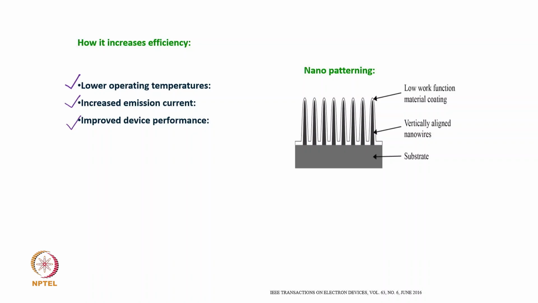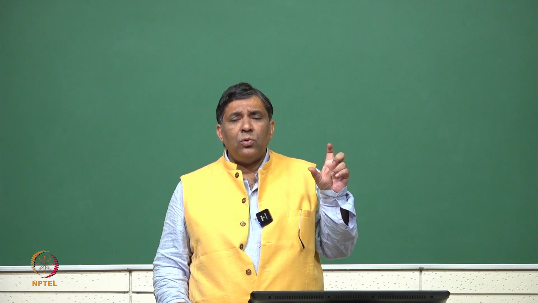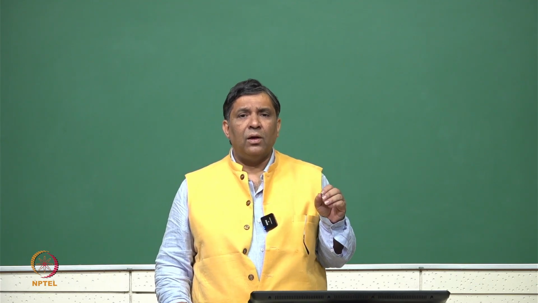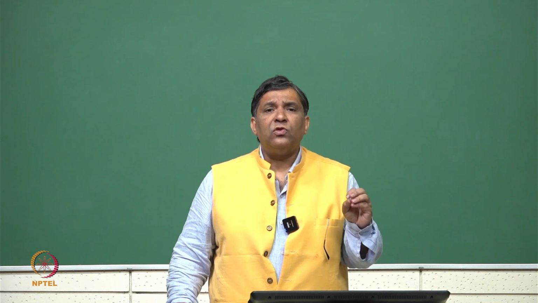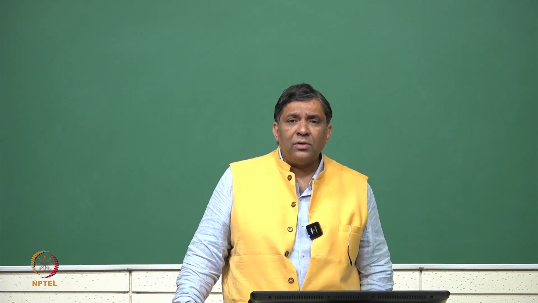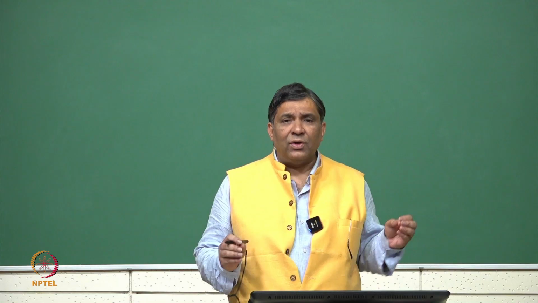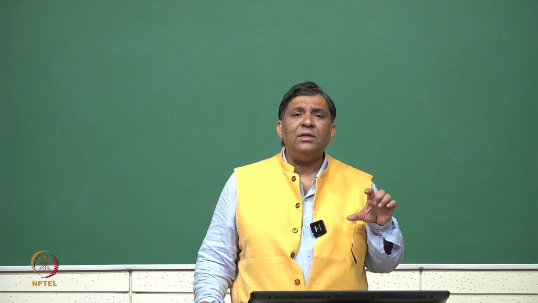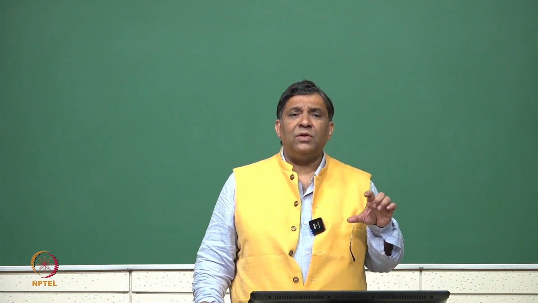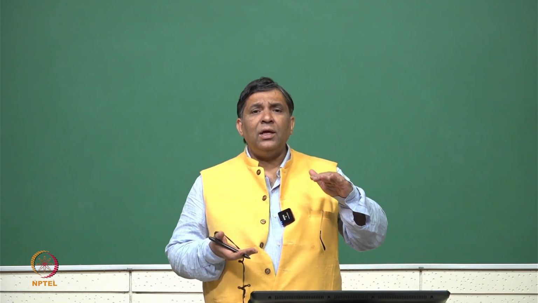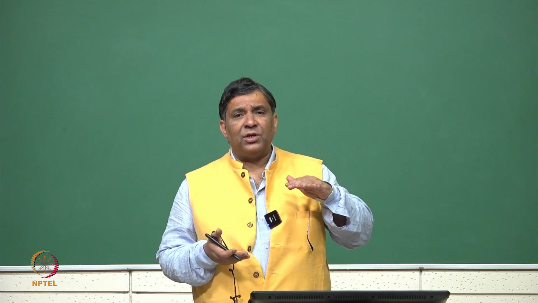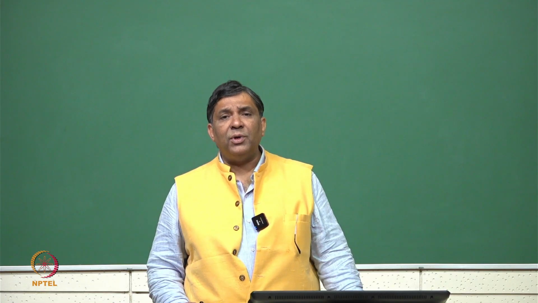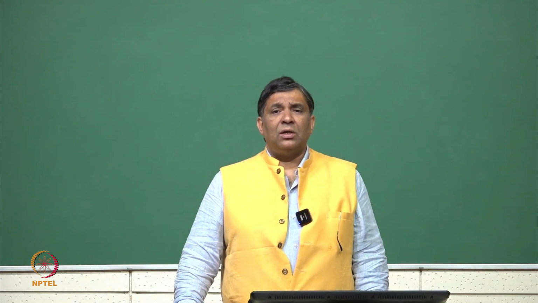Okay. So, now the question is, when we want to make an emitter where we would also like to have field emission process, how do we design this emitter? So, it is always better that we design this emitter which has a very good aspect ratio. Aspect ratio in that sense, particularly when we talk about nanomaterial. Okay.